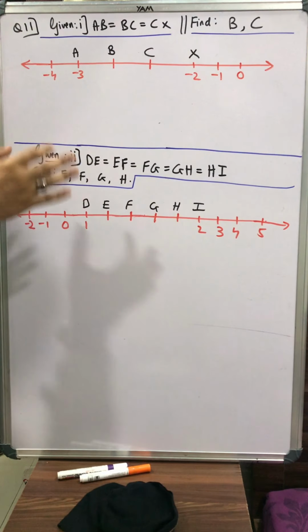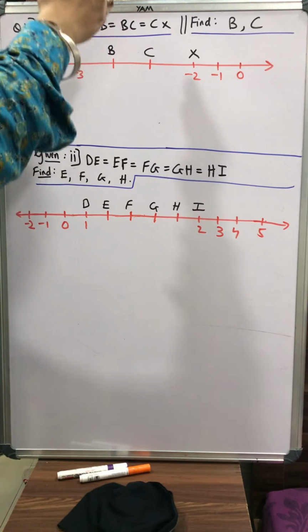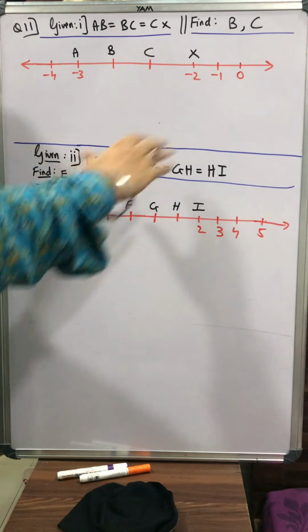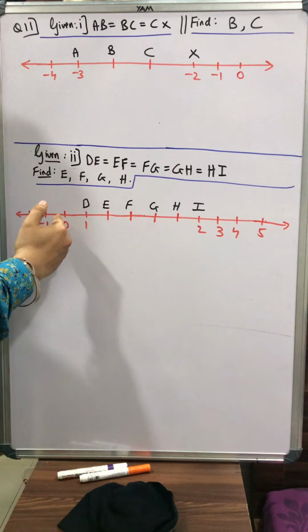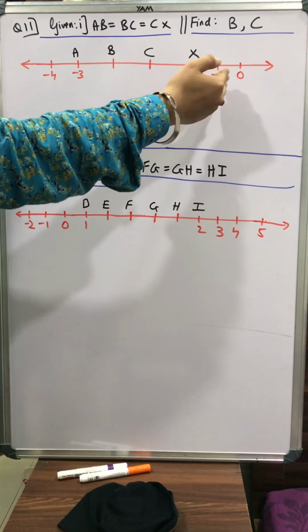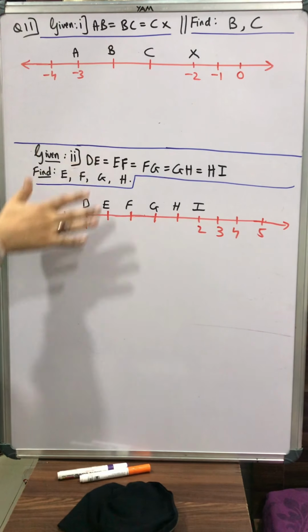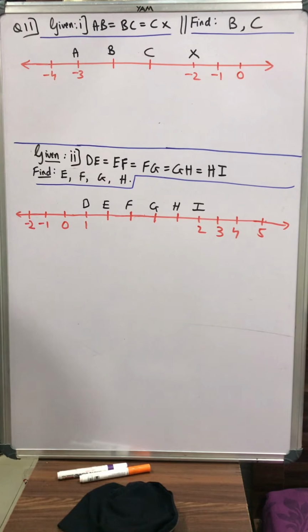Everything you see on the board is just from the textbook. I have copied the textbook. The only difference is I have broken the number line. It's a big number line. The positive numbers from right hand side of 0, it's here, and the negative numbers left hand side of 0 is here. That's it. And entire same thing I have copied on the board.